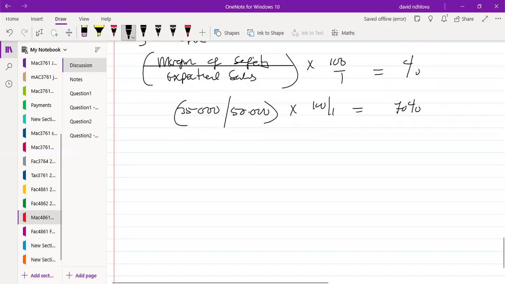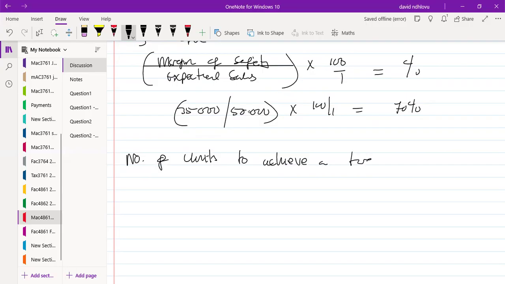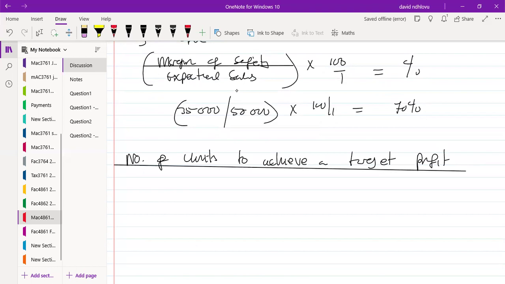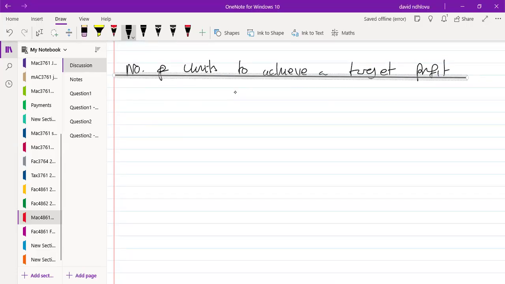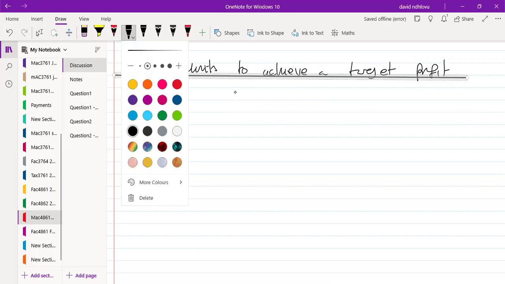Right, one more important calculation: a number of units to achieve a target profit. So we can use cost profit volume analysis to determine, within the relevant range, how many units we need to actually sell in order to achieve a target profit. What you do with this one is similar to break-even.